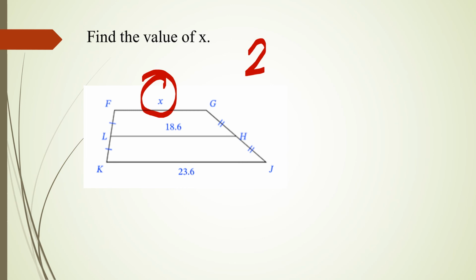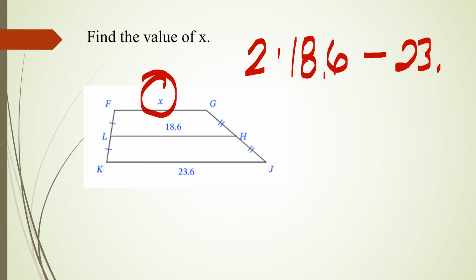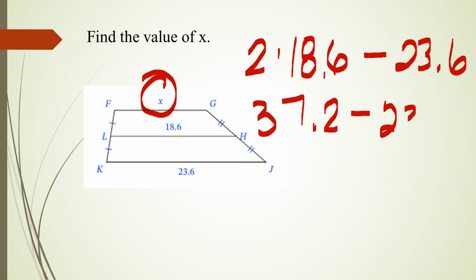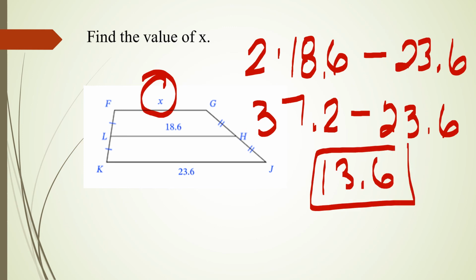So you take 2 and multiply that by your mid-segment, which is 18.6, and then subtract the base that we have. 2 times 18.6 is 37.2, and now I want to subtract 23.6 from it, and we end up with 13.6. So this would be my base.